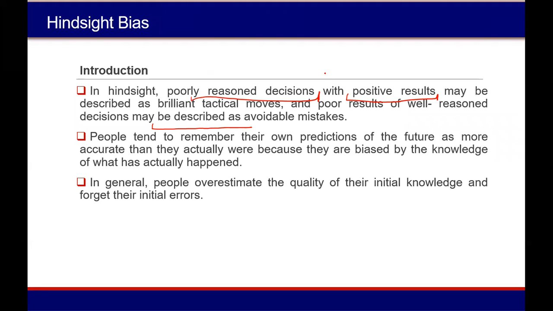People try to demonstrate overconfidence, or they try to overestimate their initial knowledge, and also people try to forget that they actually didn't make this prediction, but now they are claiming that they did.